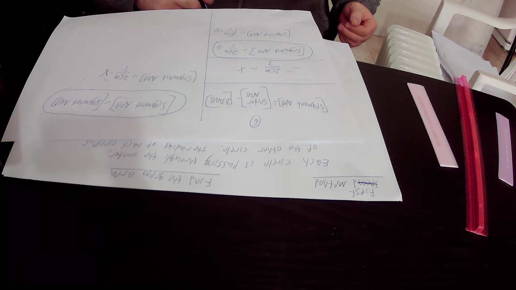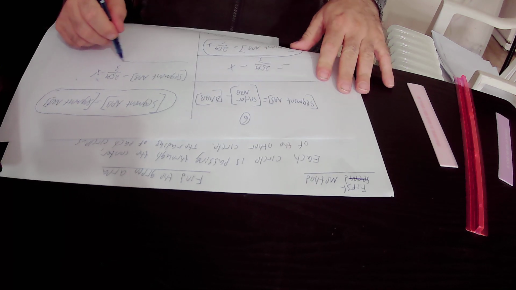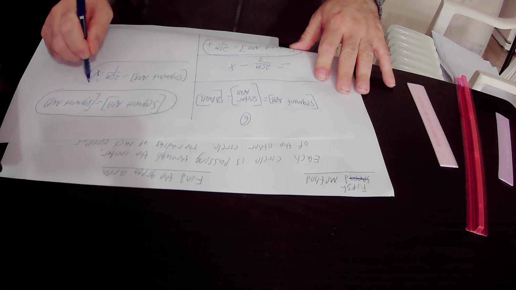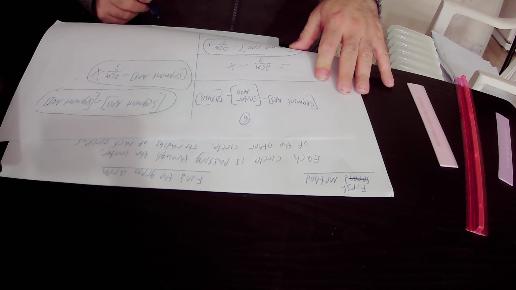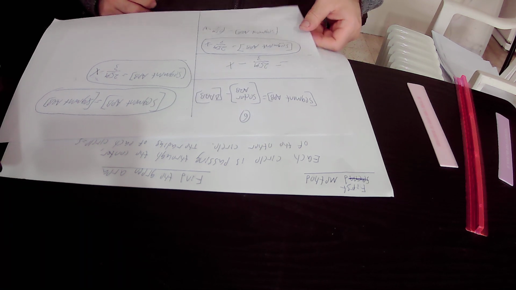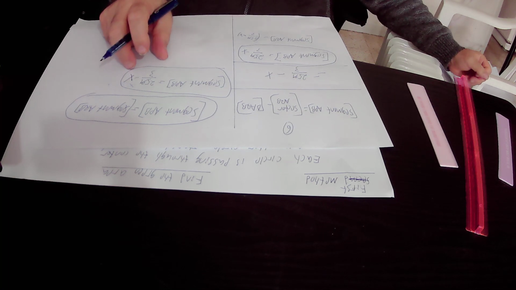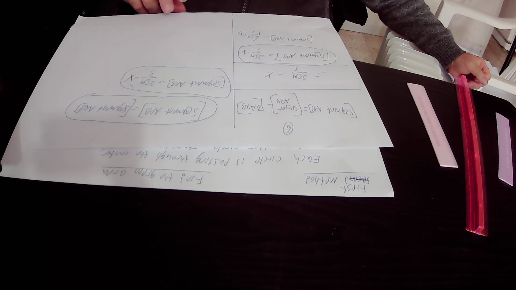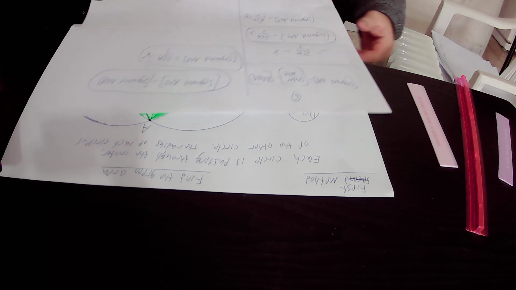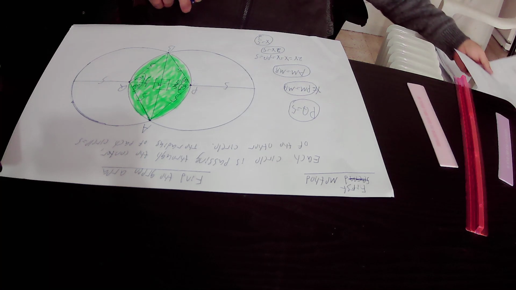X is the area of triangle AQB. So the only thing that is left is to find the area of triangle AQB, and then we will multiply this expression by 2 and we will get the area of the green shape, the area that is required. So what is the area of triangle AQB?